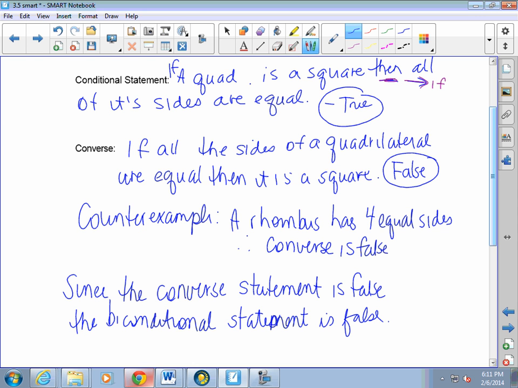Okay? So in order for something to be biconditional, it has to be true for both the conditional statement and the converse.